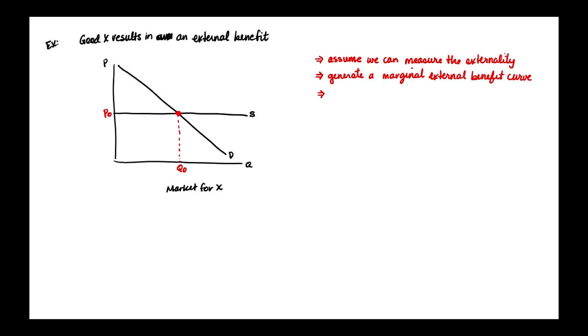So when we generate that marginal external benefit curve, everybody with me, we're basically measuring the incremental spillover benefit. All right, so let's assume we can measure the external benefit.